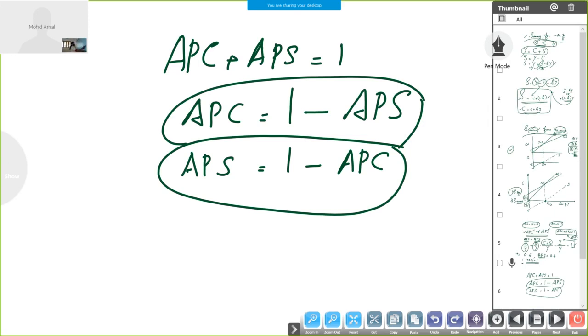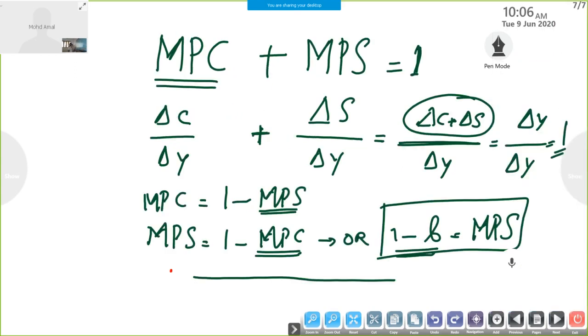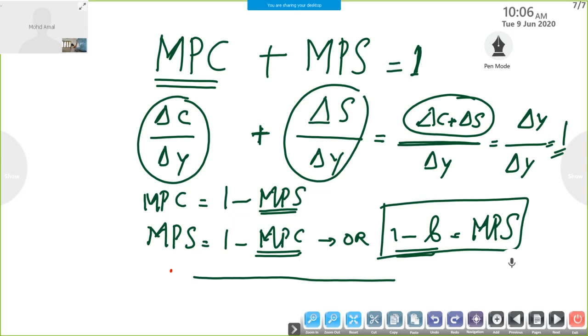Next, the relationship between MPC and MPS. The sum of MPC and MPS is always equal to 1. Instead of MPC we can write delta C by delta Y, and instead of MPS we can write delta S by delta Y. Delta C plus delta S shows delta Y. By using all these steps we get delta Y by delta Y is equal to 1.